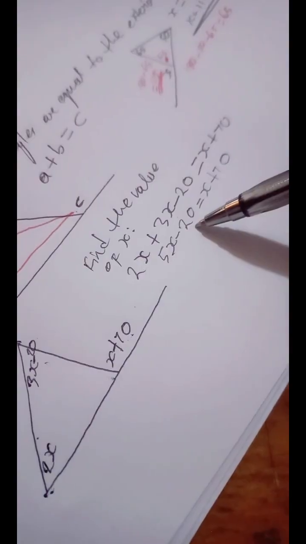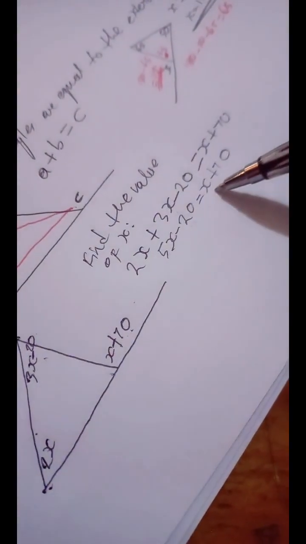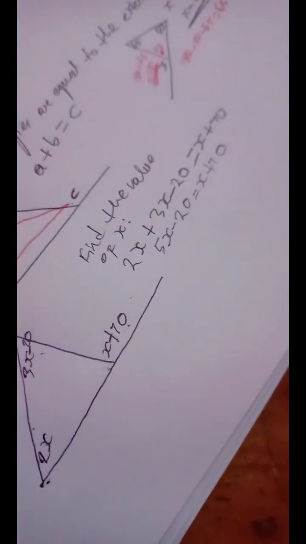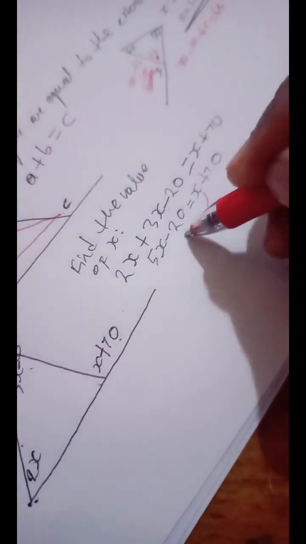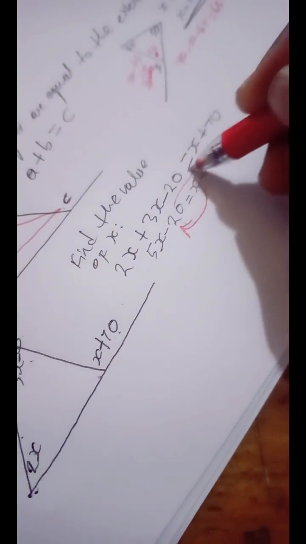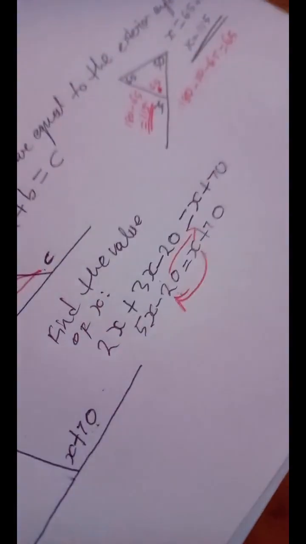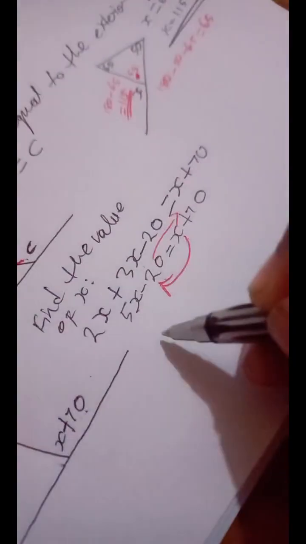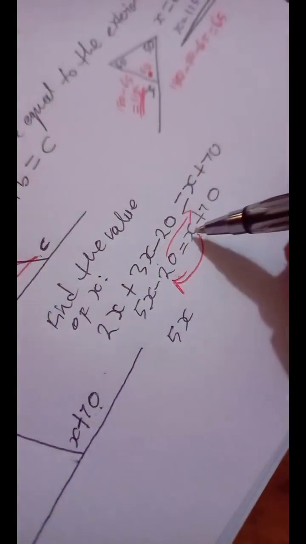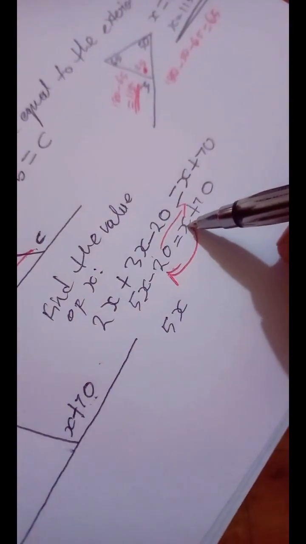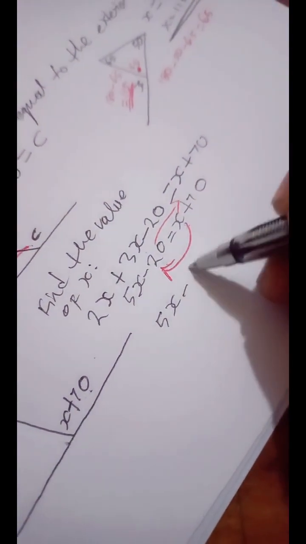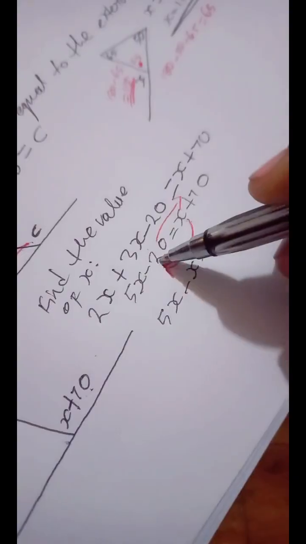Remember, we want to remove this guy and we also want to switch, like this. So it's going to be 5x. Remember, this is going to change the sign when it comes this side. Minus x is equal to 20.